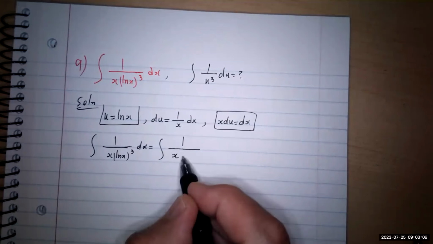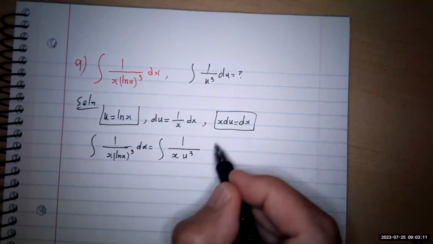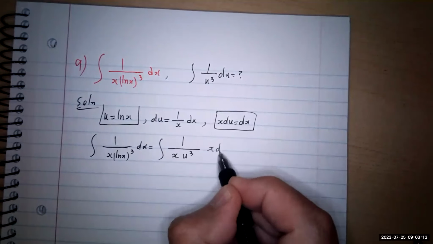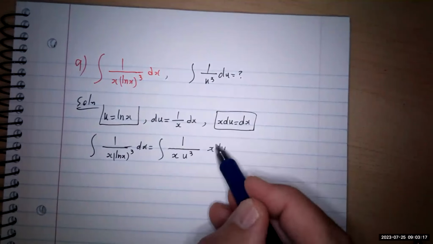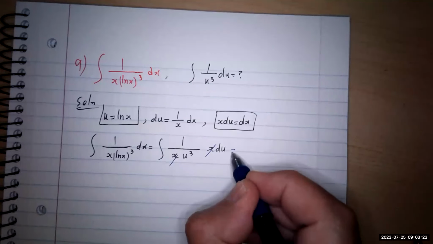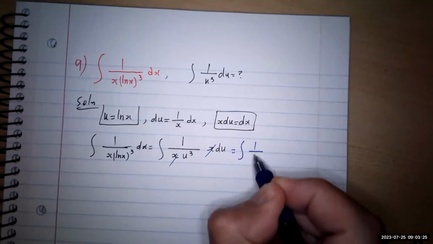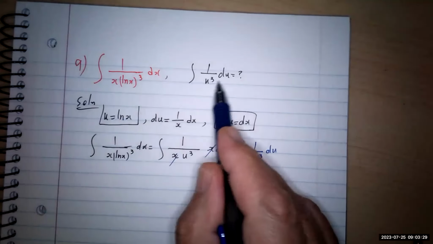Ln x, you call it u, so that gives you u cubed. And your dx is x du. Again, you see, these two would cancel out. What are we going to end up with? You end up with 1 over u cubed du, as you predicted.